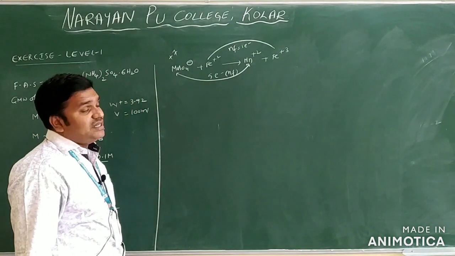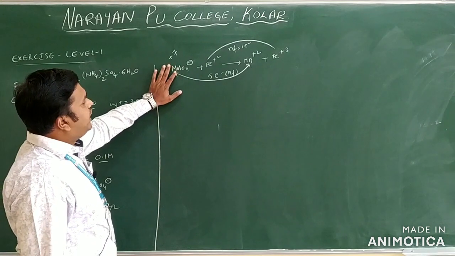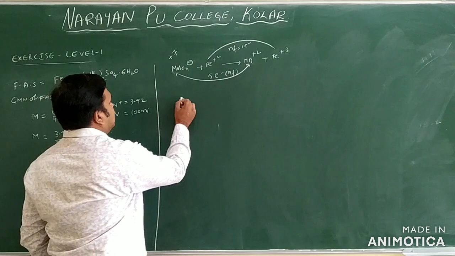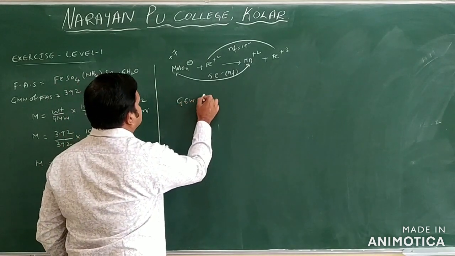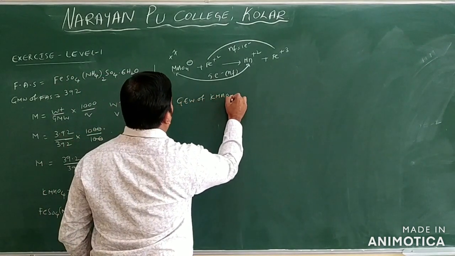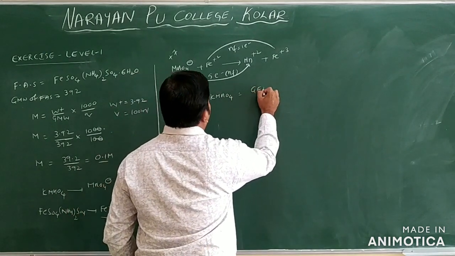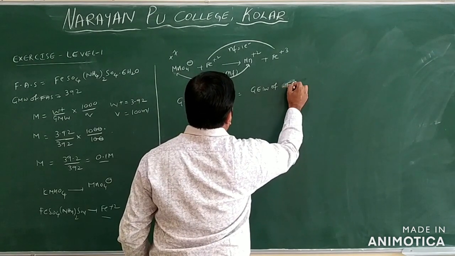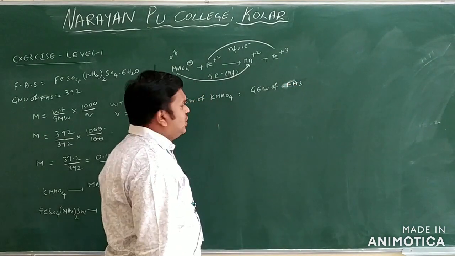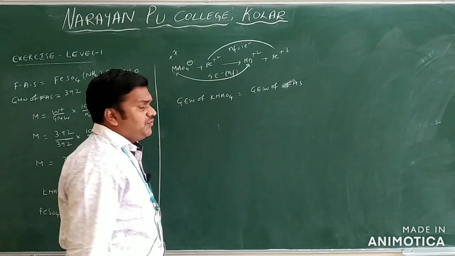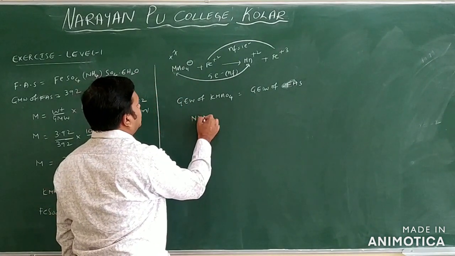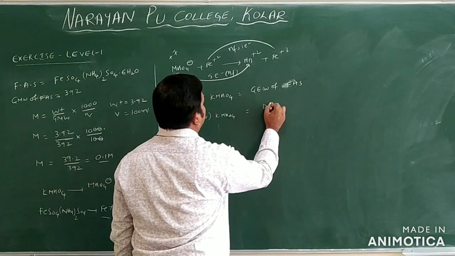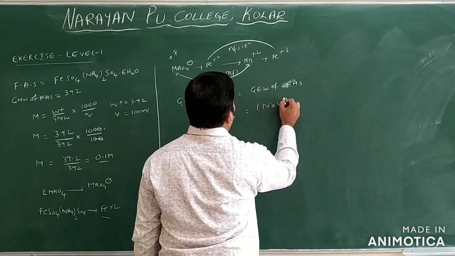Now you can consider that the gram equivalents of KMnO4 are equal to the gram equivalents of FAS only. So the formula is: normality into volume of KMnO4 is equal to normality into volume of FAS.